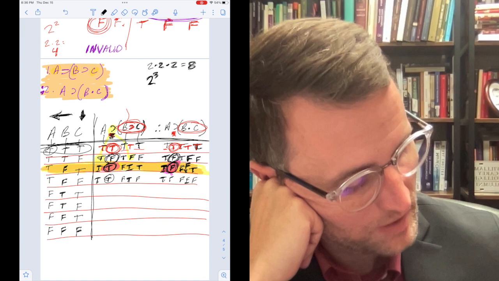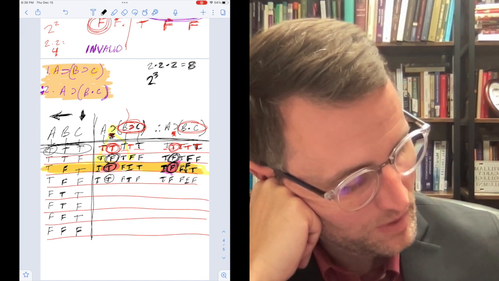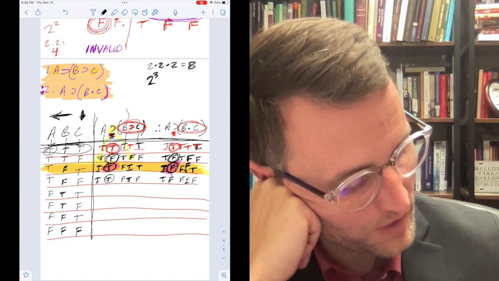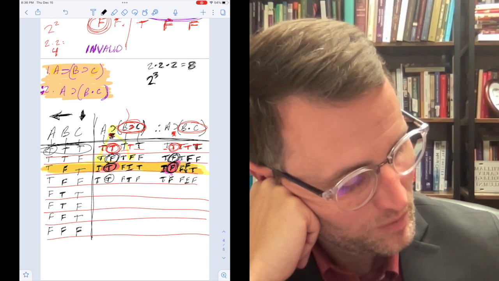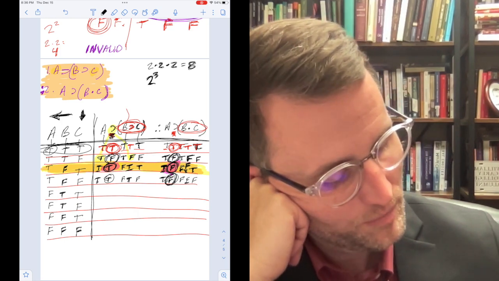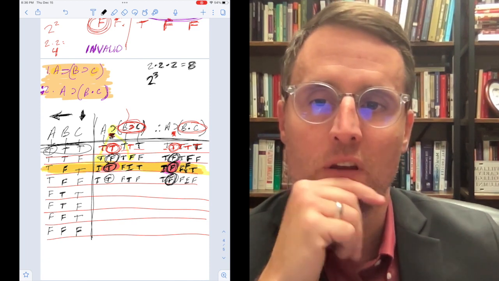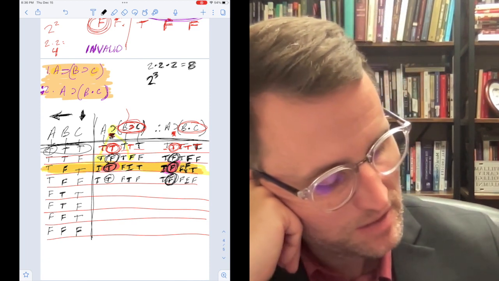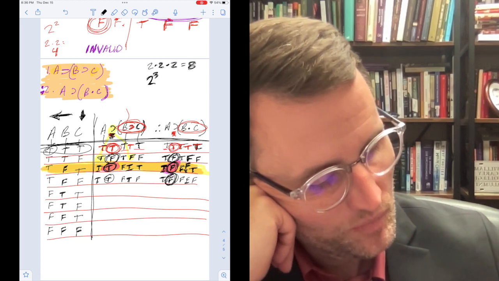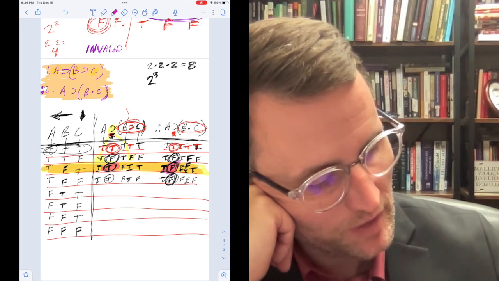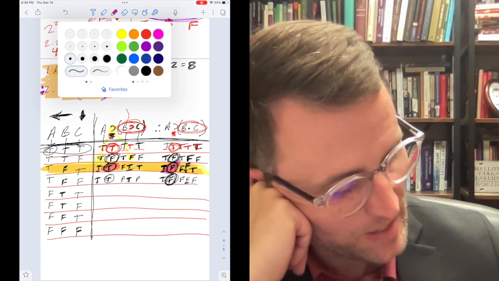And a false and a true horseshoe false makes a false. So it looks like, once again, we have another line that shows that this argument's invalid.